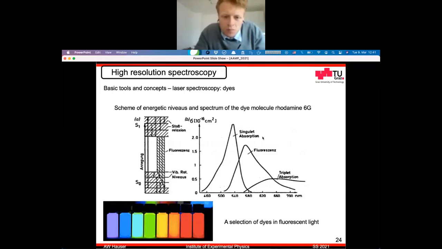And this creates a certain spectrum because there are many possibilities, and you can see the fluorescence spectrum is also a broad spectrum ranging from, say, 500 to about 700 nanometers. So it's almost the whole visible spectrum that we have now access to through this molecular dye.